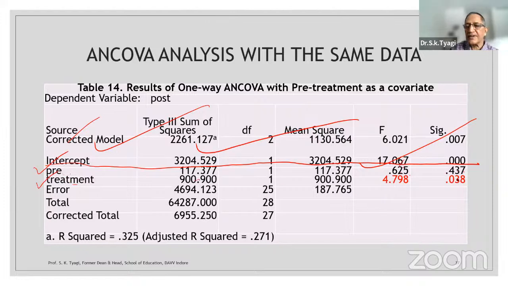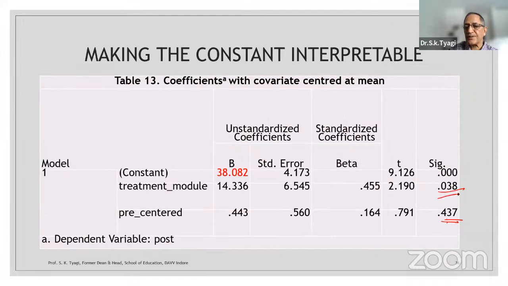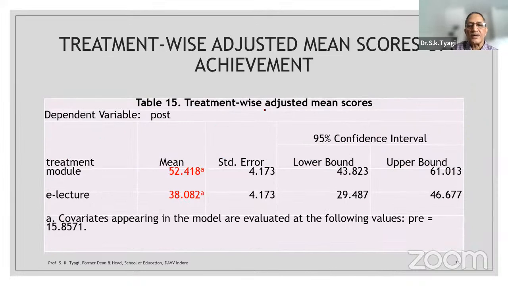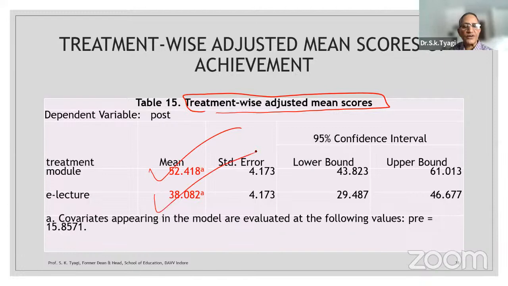For treatment, it is 0.038. Here it is F. F is the square of t. And if you see the treatment-wise adjusted mean scores, the mean scores for the two groups controlling for the pre-scores covariate, these means are 52.418 and 38.082, the same values which we obtained through regression analysis.